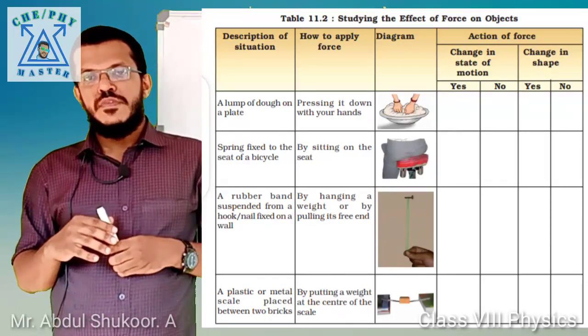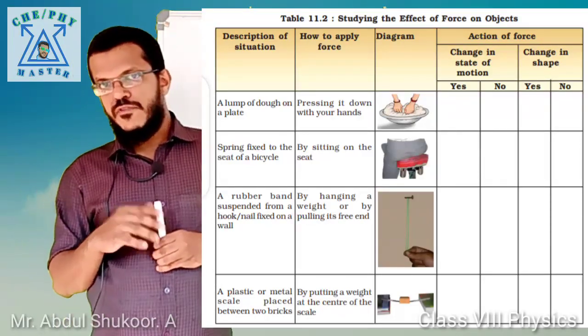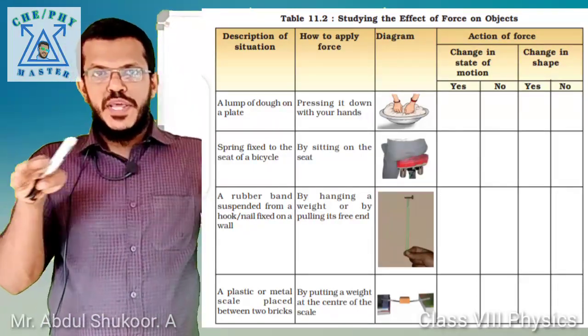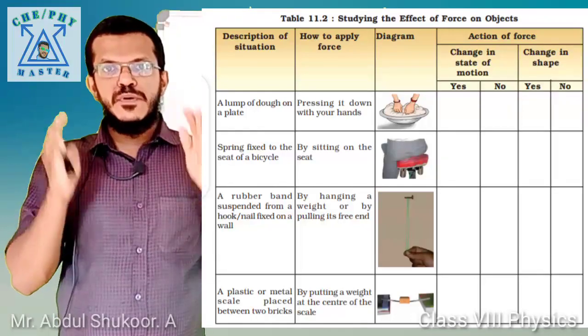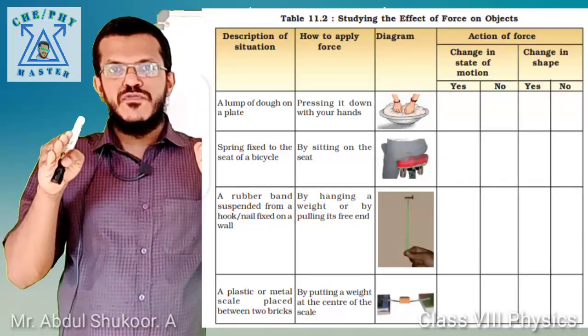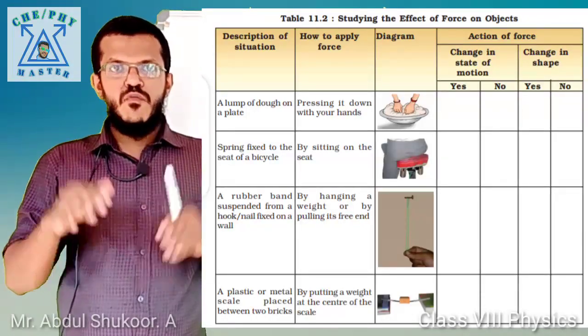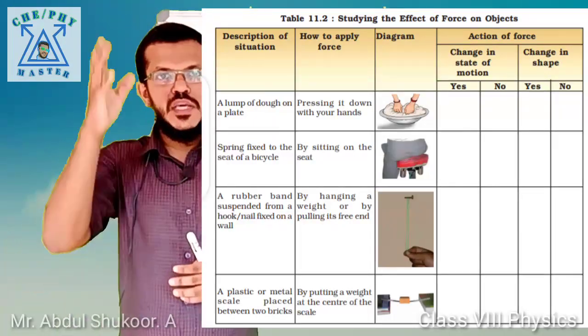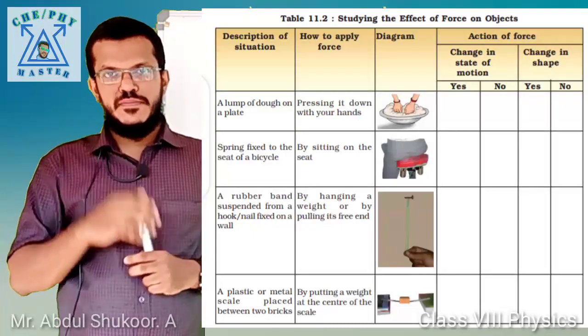The fourth situation, a plastic or metal scale placed between two bricks. By putting a weight at the center of the scale, what is the action of force experienced by this object? You have to complete it.